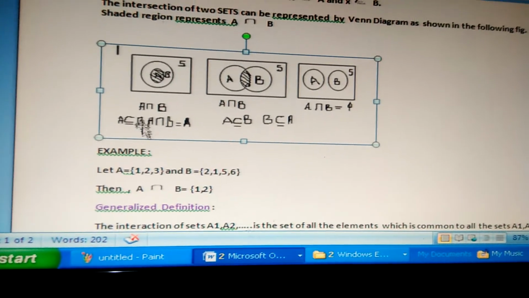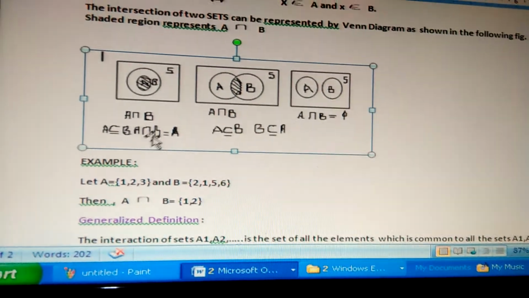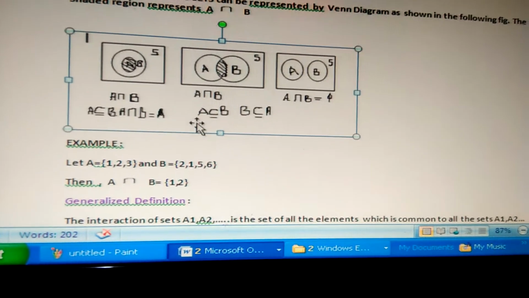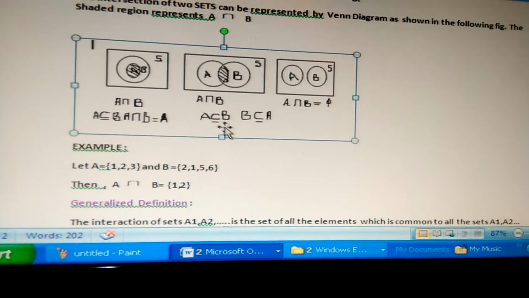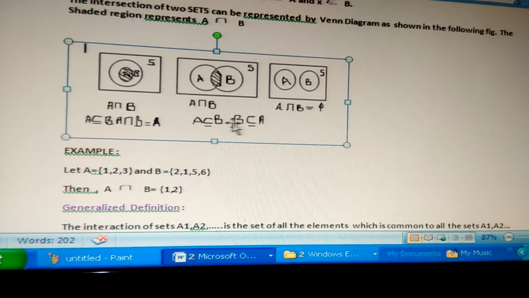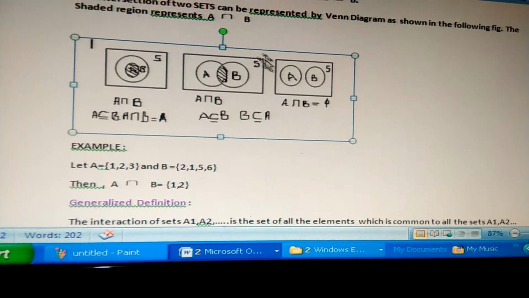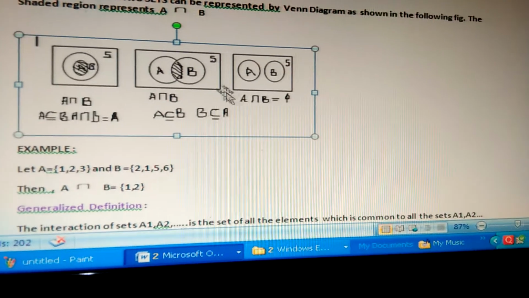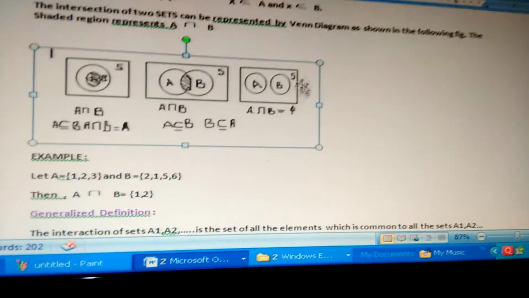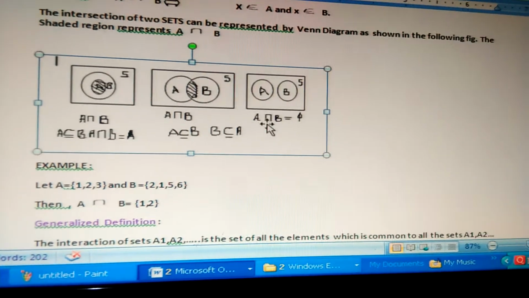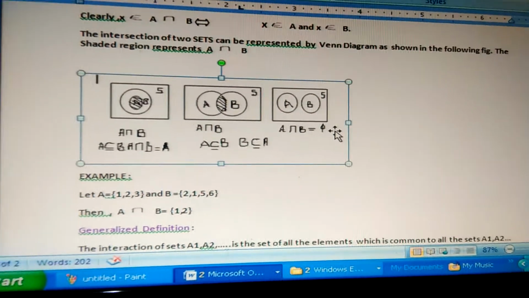Here, if A is a subset of B, then A intersection B is equal to A. In the same way, if A is a subset of B and B is a subset of A, then this condition arises. Now, if A and B are disjoint, then A intersection B is equal to phi.